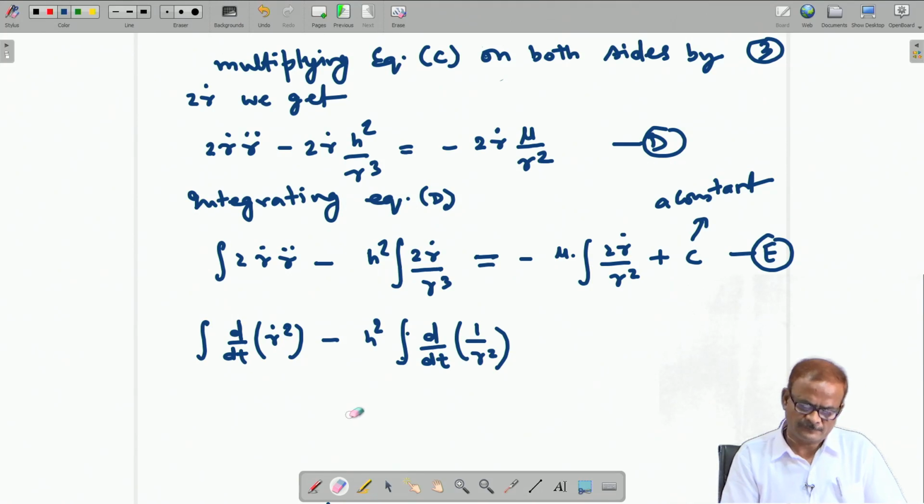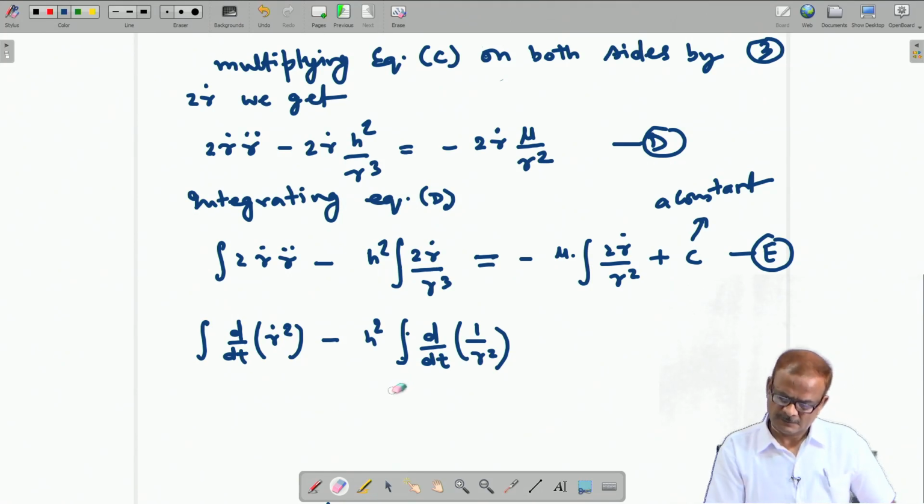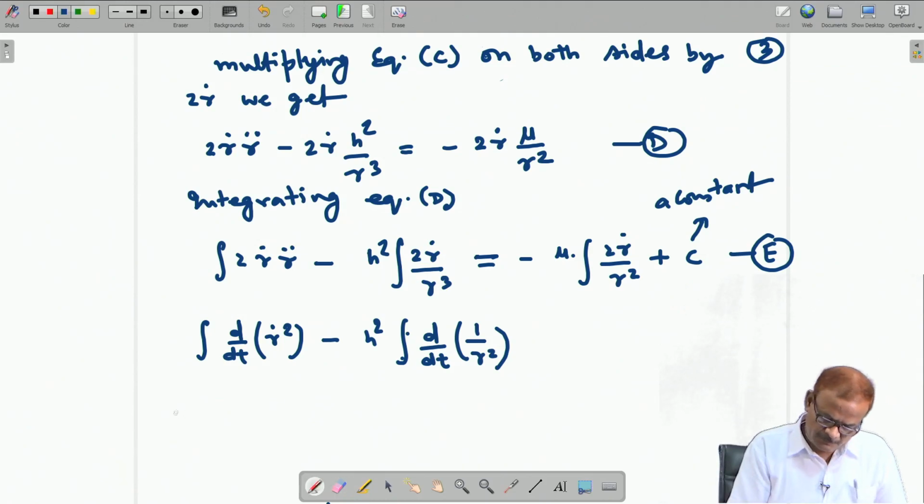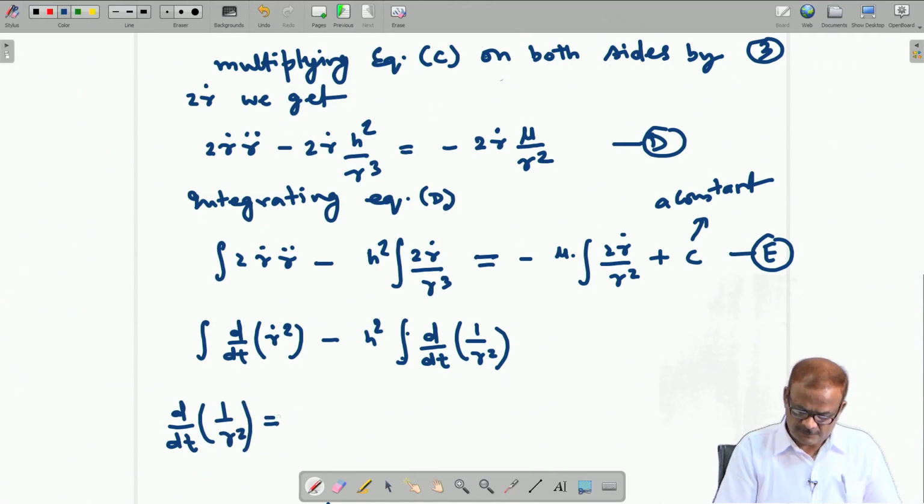We will do some rough work: d by dt of 1 by r square is d by dt of r to the power minus 2.